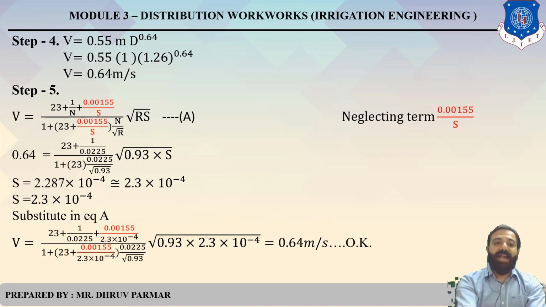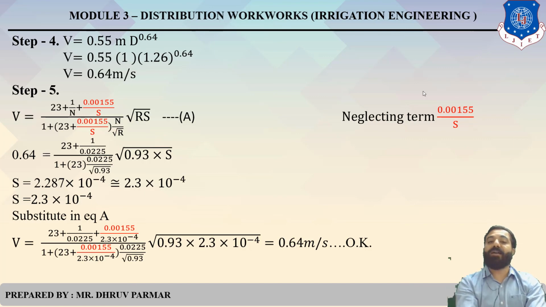In equation A, the term 0.00155 divided by S is neglected. First of all, we have the velocity, so we put it in this equation. The new formula will be V equals (23 plus 1 by n) divided by (1 plus (23 over n) under root R) into under root RS. Putting in all these values, we get the bed slope as 2.3 into 10 raised to minus 4.